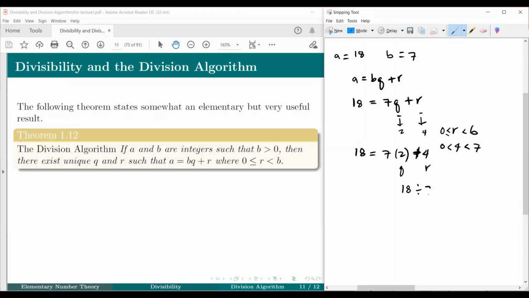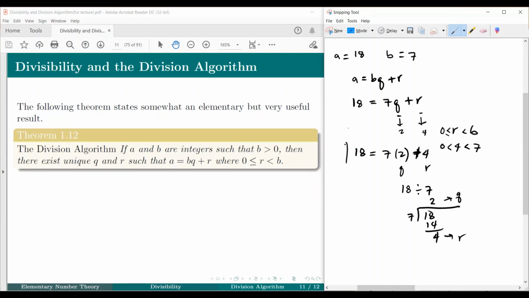If we divide 18 by 7, if you're going to use our long math division method, we have here 18, 7. So of course, this is 2, this is 14, and our remainder is 4. So this is our Q, and this is our R. So if we use the long division method.